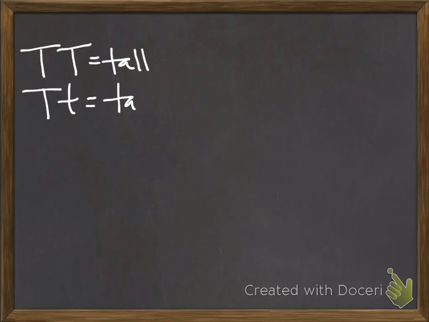At this point, off to the side of your paper, you can actually draw all of the possible genotypes and the phenotypes associated with them. For example, big T, big T will be tall. Big T, little t will be tall. Little t, little t will be short.